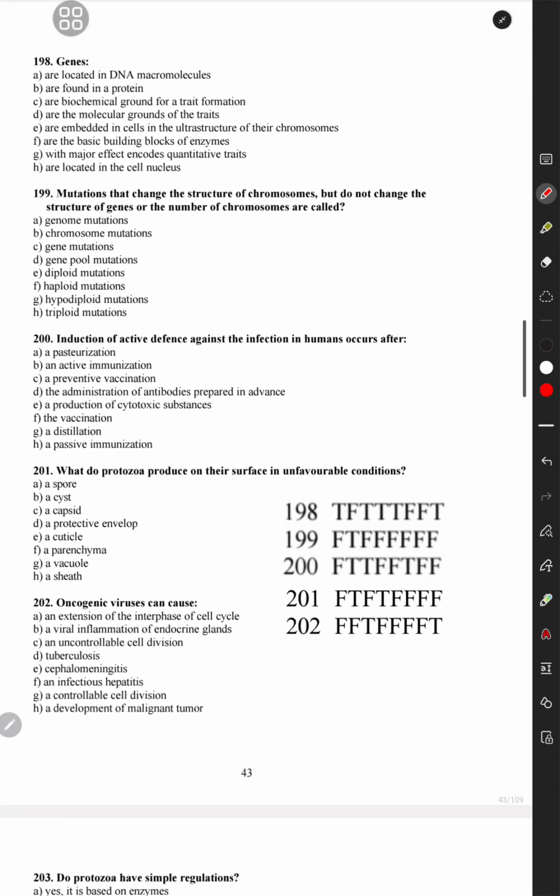Genes are located in DNA macromolecules, are found in a protein, are the biochemical ground for trait formation, are the molecular grounds of the traits. Molecular? Are embedded in cells in the ultrastructure of their chromosomes, are the basic building blocks of enzymes. Genes with major effect encode quantitative traits.